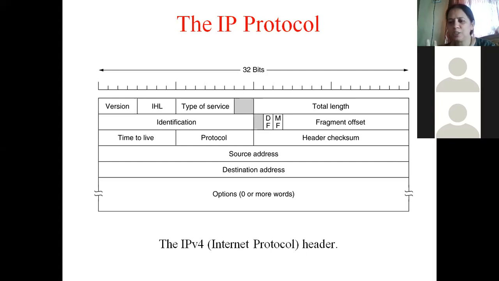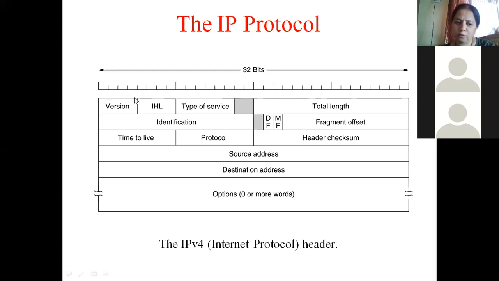Imagine the fixed part as usual is 20 bytes and the optional part is 4 bytes long. So the total length of the header will be 20 plus 4, which is equal to 24 bytes. And that is indicated in the second field, which is called the IHL field, Internet Header Length field. This particular field is again 4 bits long. On top, a scale is shown. So you can count and see.